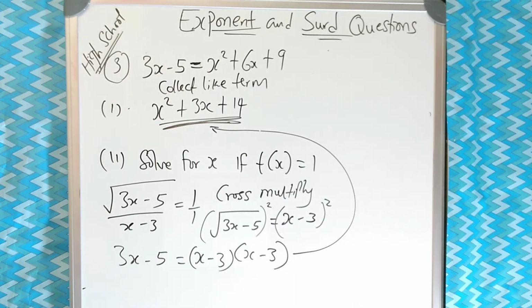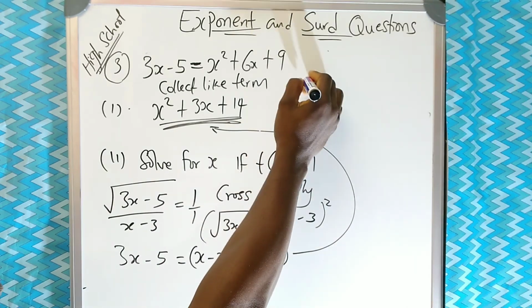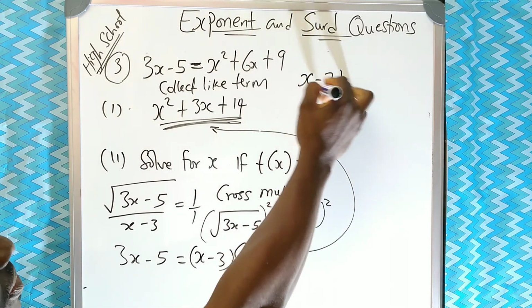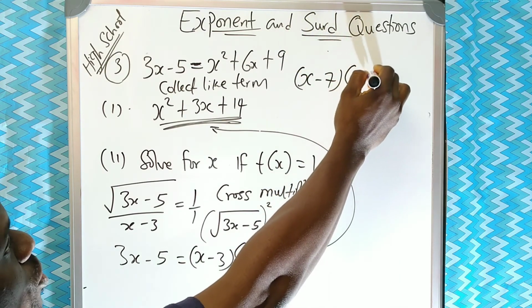At this point, we can factorize this. We're still going to deal with that in some lessons to come. When we factorize this, we're going to have x minus 7 and x minus 2.